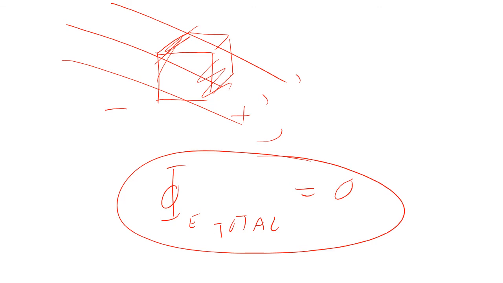And this is another way of thinking about it. The flux is kind of like figuring out the amount of electric field going in or out. So that's another way of considering what we mean when we talk about electric flux.